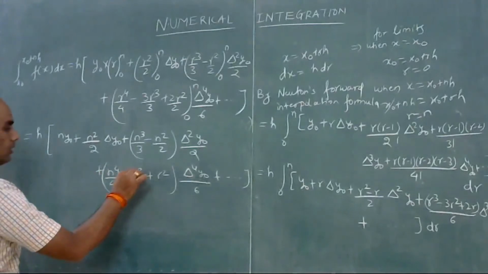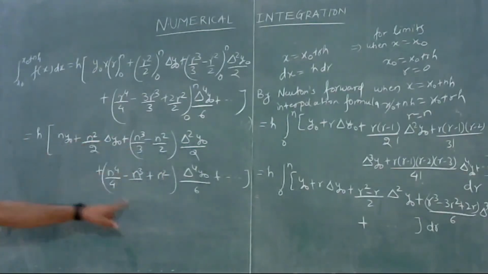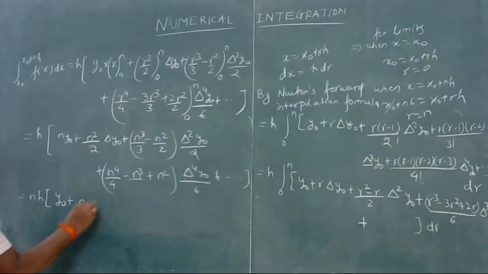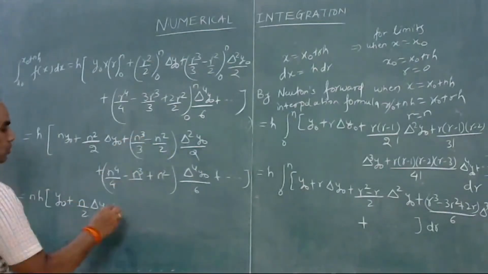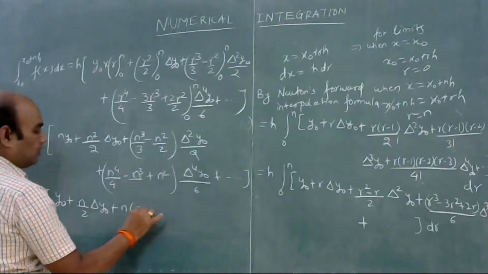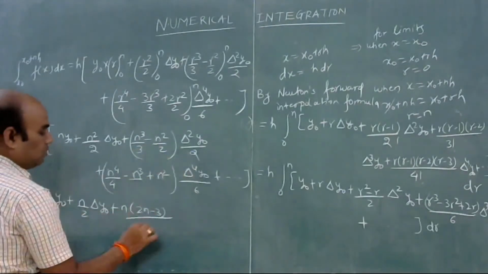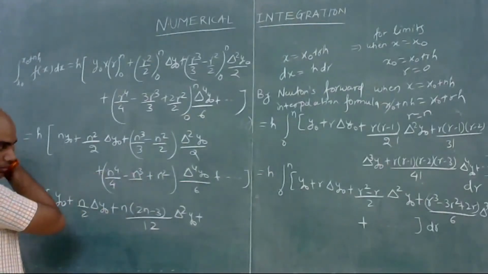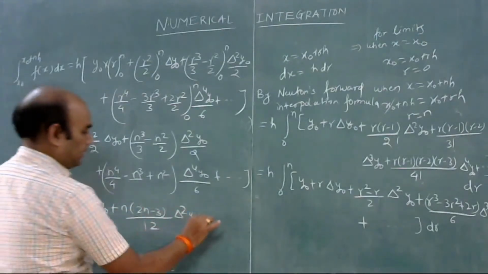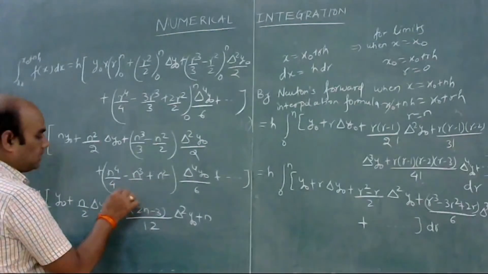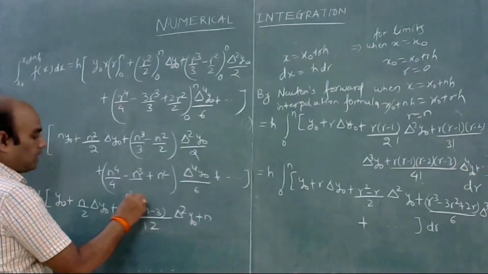Okay, so taking n common, this can be written as n into h times y naught plus n by 2 delta y naught plus, taking n common, one n is taken out, so there will be only one n, (2n minus 3) divided by 6 into 12 del square y naught, and taking n common again, this will be n square minus 4n plus 4 if you take n common.